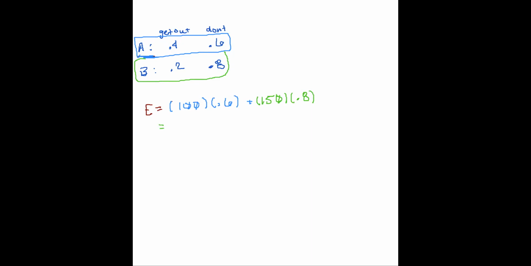So I would say that this is going to be equal to 60 plus 150 times 0.8, which is 4/5. So that's 120. Now that's fine.